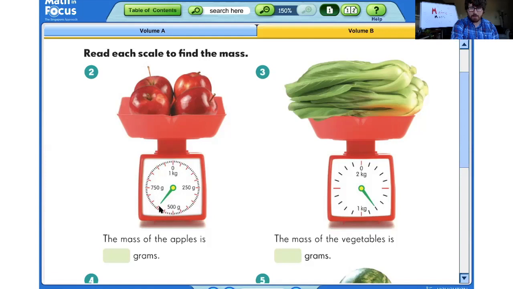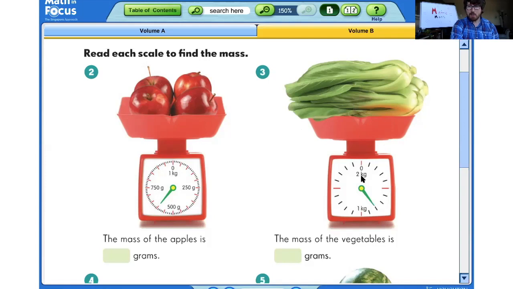It's more than 500 grams, but less than 750 grams. So we can start at 500 and count by 50 up until we hit where this arrow is pointing. So we have 50, 550, and shout out, yeah, 600.